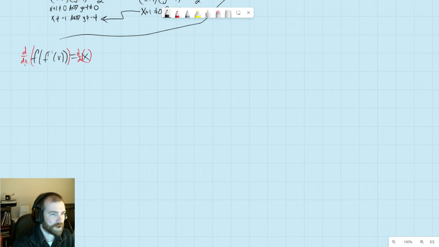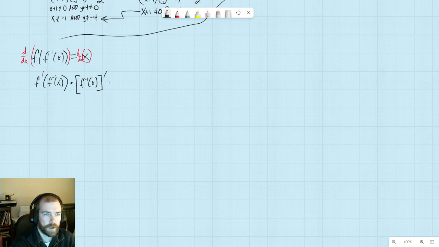So here, we say that we're going to take the derivative of f first. So this is going to be f prime of f inverse of x, multiplied by, chain rule, the derivative of the inverse function of f of x, is going to be equal to the derivative with respect to x of x, which is 1. And then we're trying to solve for this thing in the first place, right? We're trying to solve for that one, which is the derivative of the inverse function. So move this over.